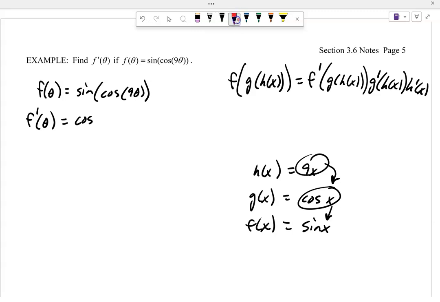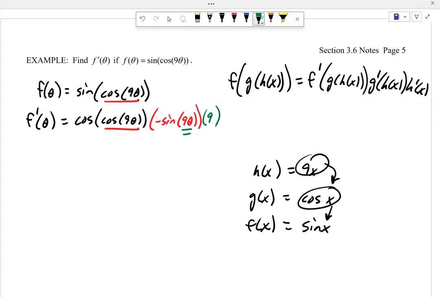Cosine of that. Now we're going to take the derivative of the cosine, and I know the derivative of the cosine is negative sine of that. But don't forget, I don't just have theta in there, I got 9 theta. So I got to take the derivative of the inside again, right? Derivative of 9 theta is 9.